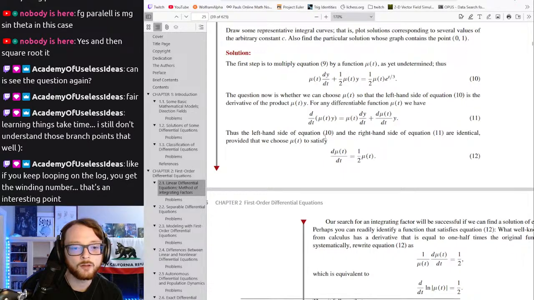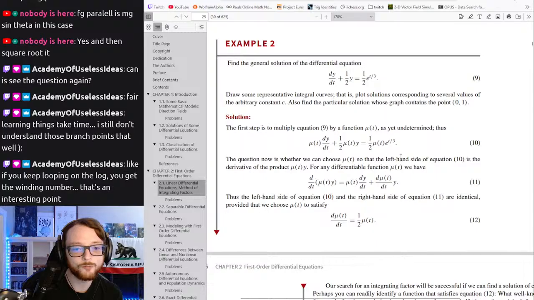The left-hand side equation... are they though? Oh, if we choose mu of t to satisfy that. Okay.